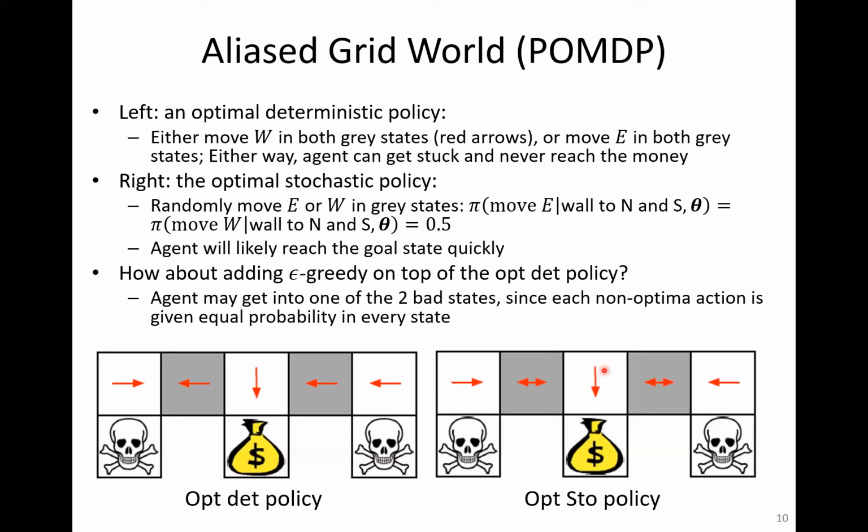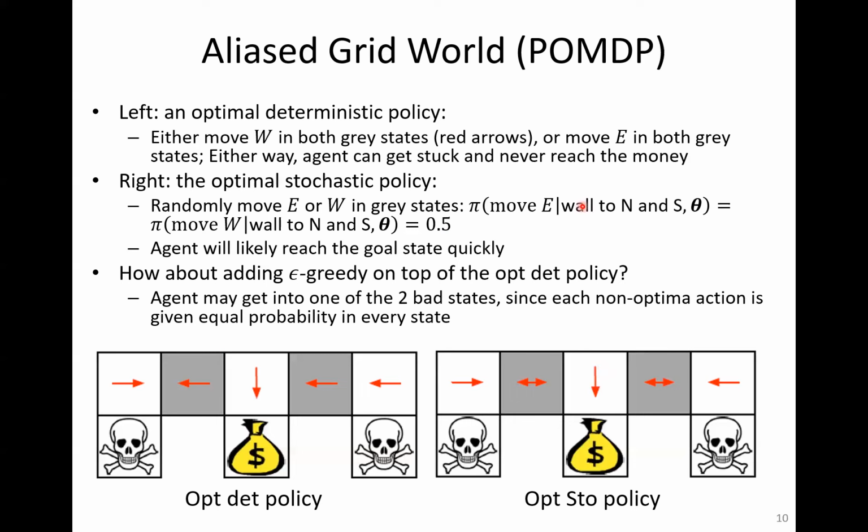Excuse me? Yes? Actually, you are using this gray color just to indicate that they have walls on different sides, but basically they have no other difference from other cells. Well, they have the same wall configuration.